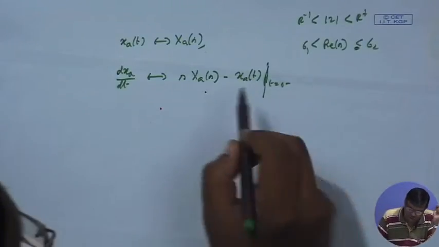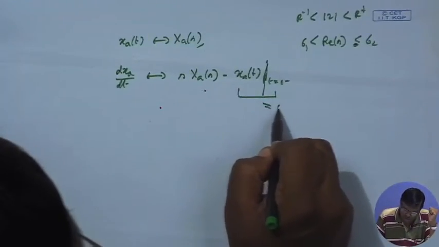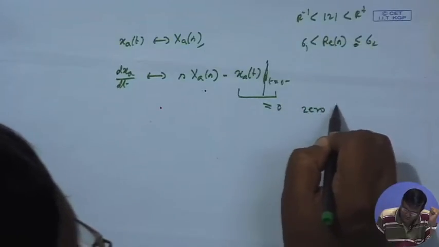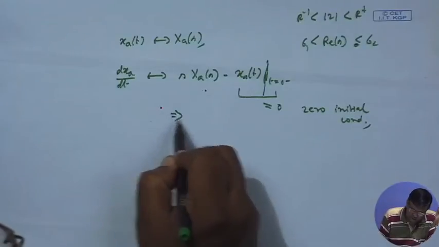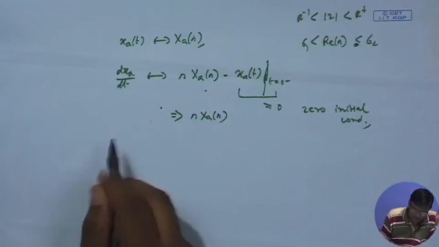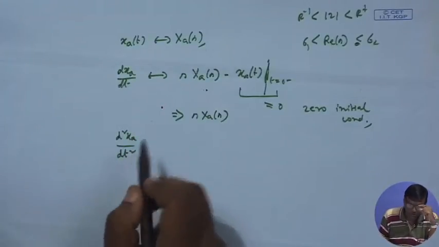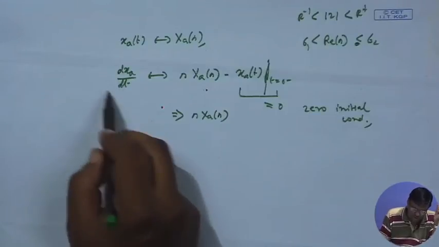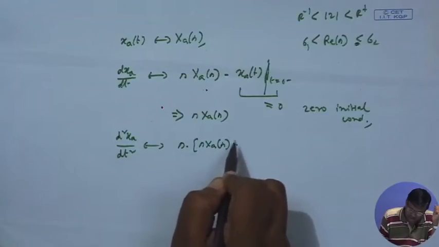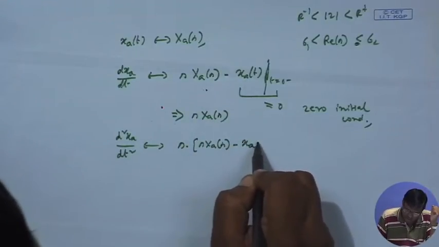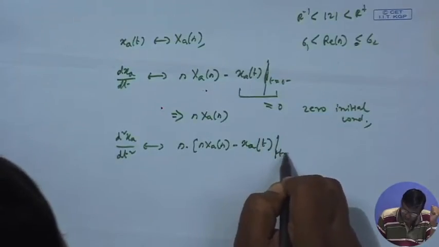Now, if we assume 0 initial condition, then this is equal to just s X_a(s). Then d square x_a/dt square. This is d/dt of this one. So, it will be s times (s X_a(s) minus that at t equal to 0 minus).